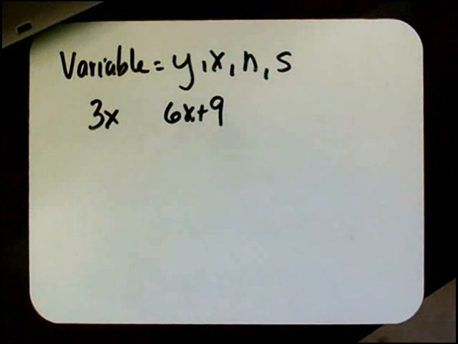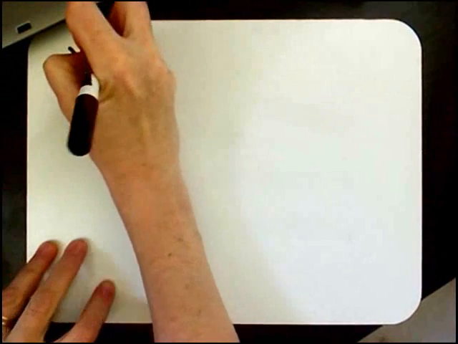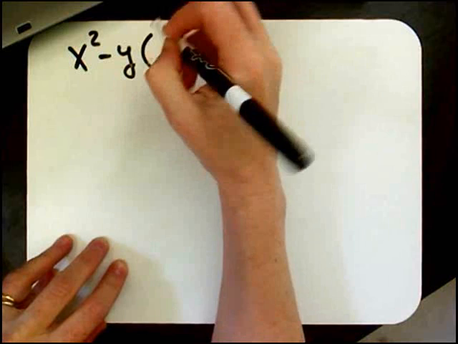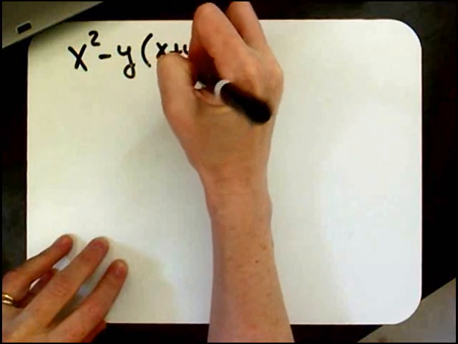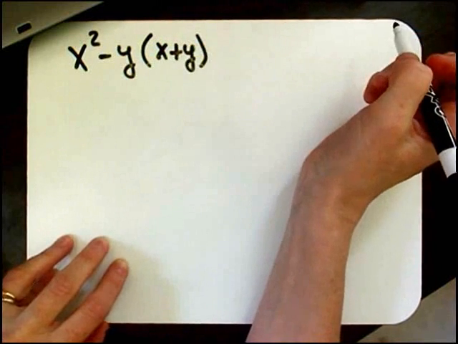So looking at example 2 on page 7, this whole example is in your book, so let's go through that. And if you need to, pause the video and find it, and then hit resume play, so you have the example right in front of you while we're going through this. So we have x squared minus y, open parentheses, x plus y, close parentheses, is our expression.